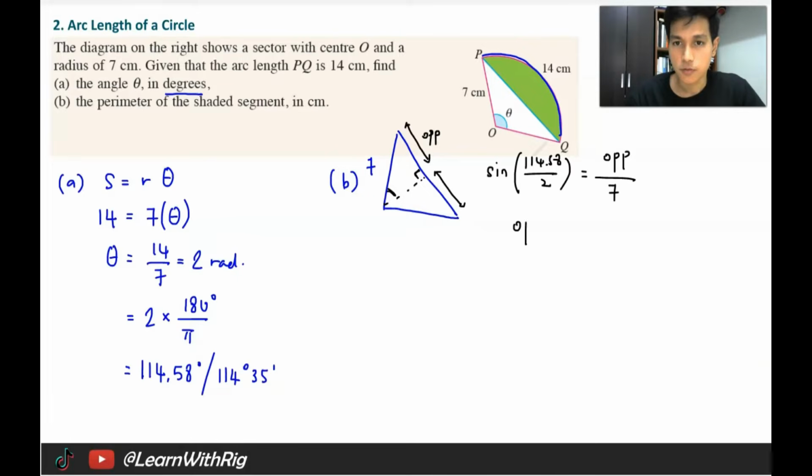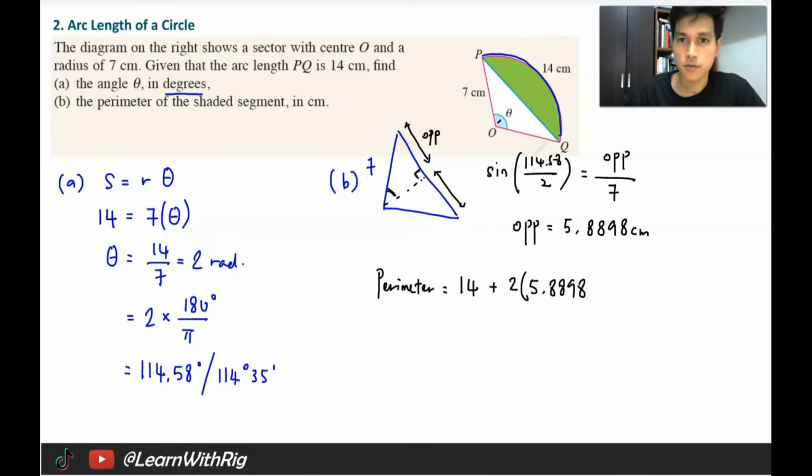So you shift, and you will get the opposite equal to 5.8898 cm. To find the perimeter, perimeter equals 14 cm plus 2 times 5.8898. If I draw it like this, you're taking this part plus this part and then plus 14. So your final answer should be 25.7796 cm.